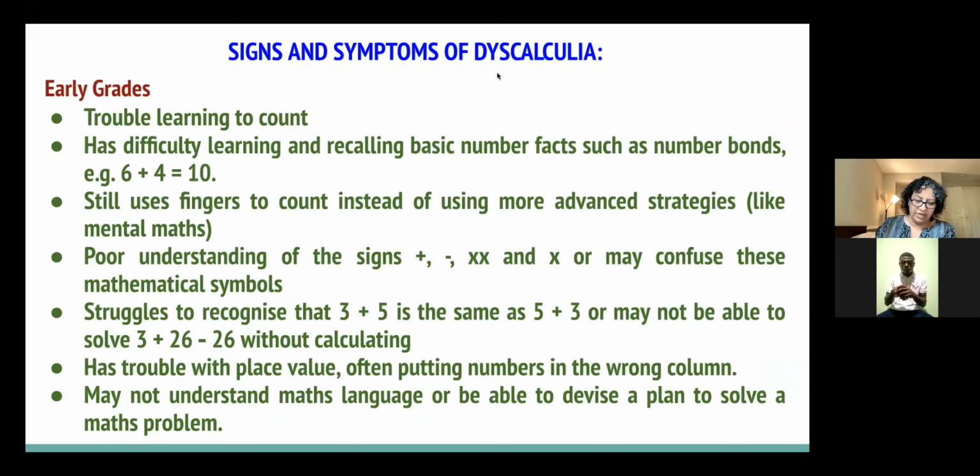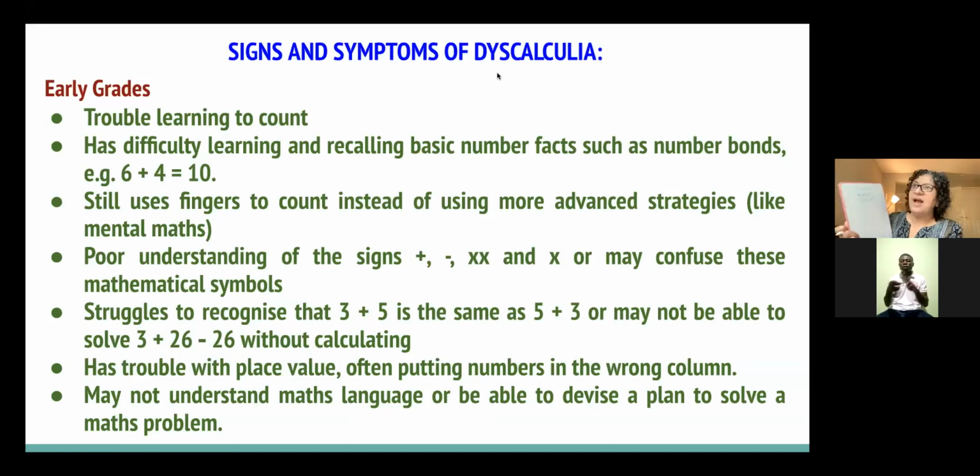6 plus 4 is 10. 7 plus 3 also makes 10. 8 plus 2 also makes 10. So these are number bonds, how different groupings of small numbers can make one bigger number.